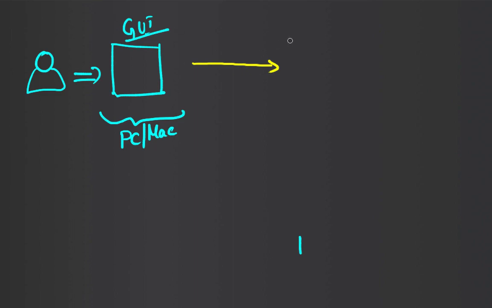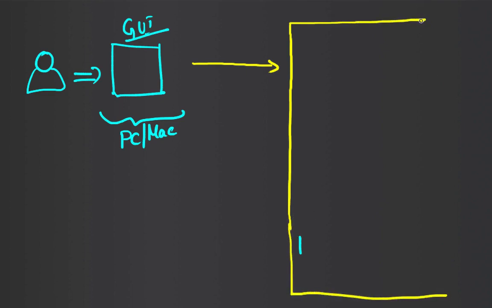Now, as soon as I fire up the GUI, a communication is happening with the server. And what's a server? A server is a big piece of hardware. It's like a super turbo version of your desktop. In fact, it need not be just one.